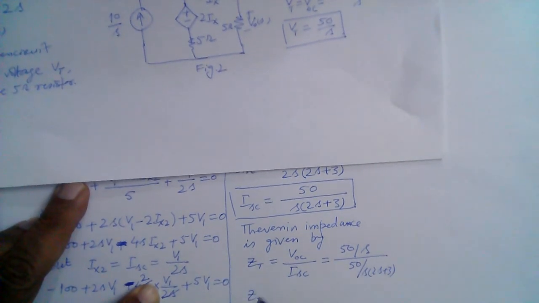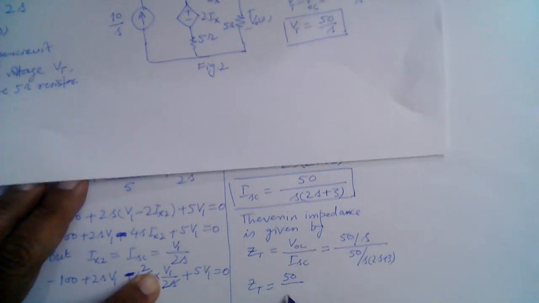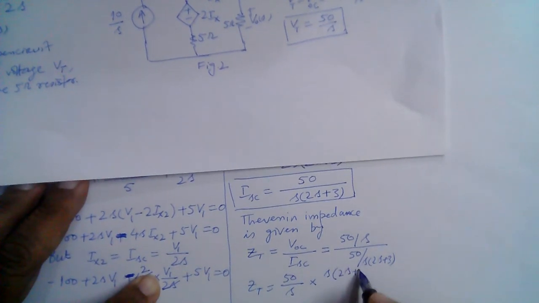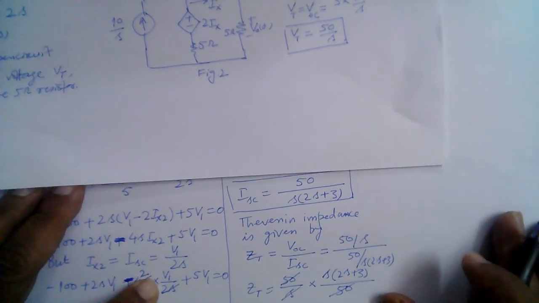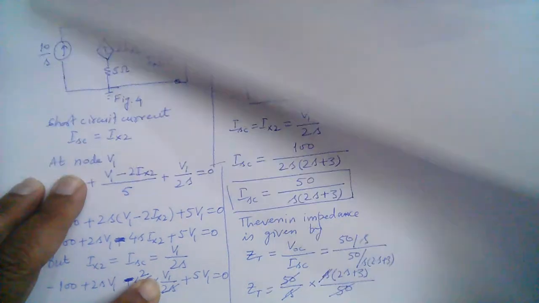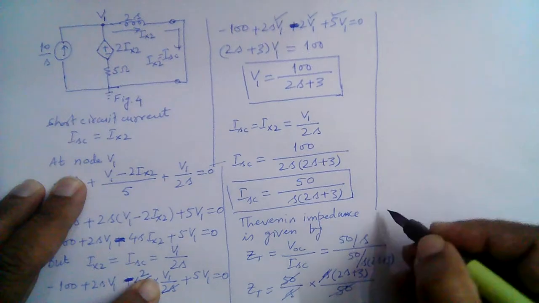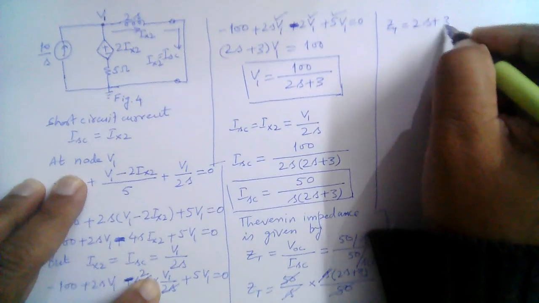So Z Thevenin is equal to 50 over S multiplied by S into 2S plus 3, divided by 50. So this 50 cancels with this, this S cancels with this, leaving us with Z Thevenin equal to 2S plus 3. So Z Thevenin is equal to 2S plus 3.